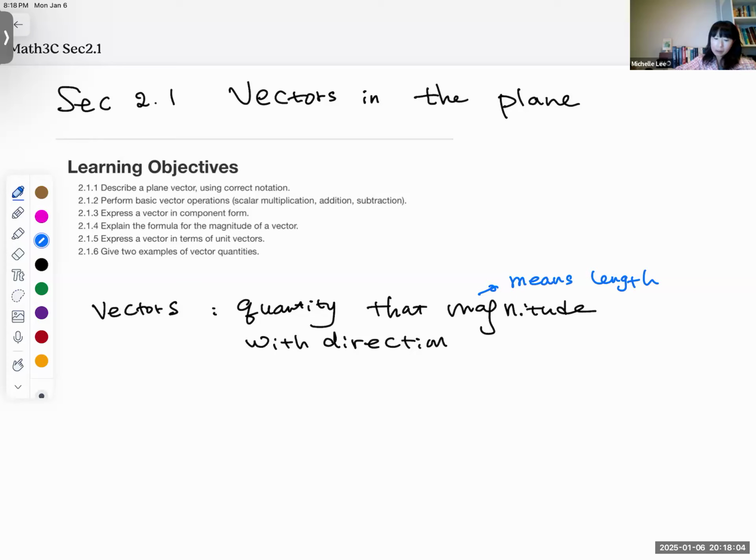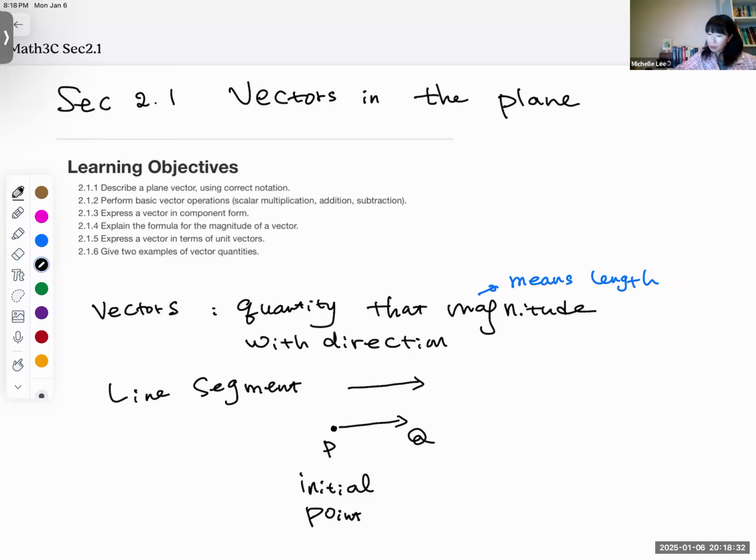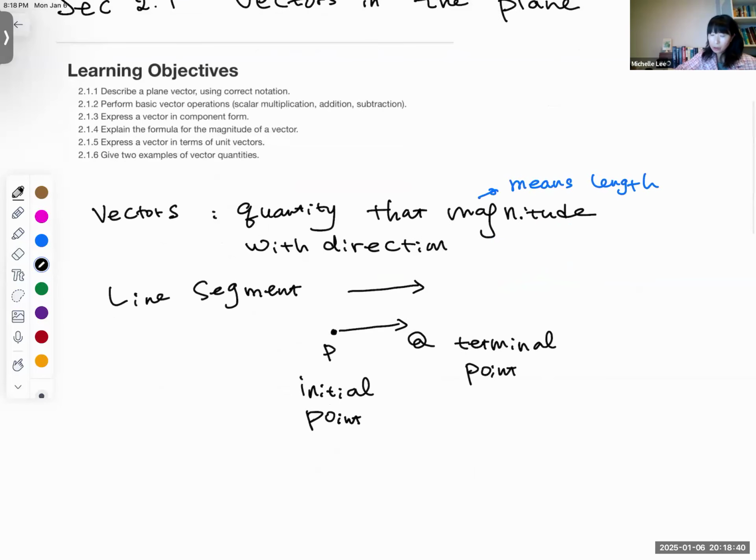And we have a line segment here. So we have this figure, right? This is P, and this is Q. So we call this the initial point, and we call this the terminal point. All right, so initial means starting point, right?